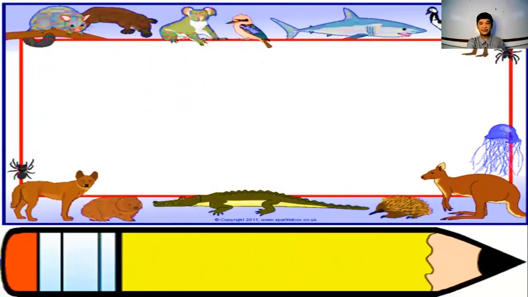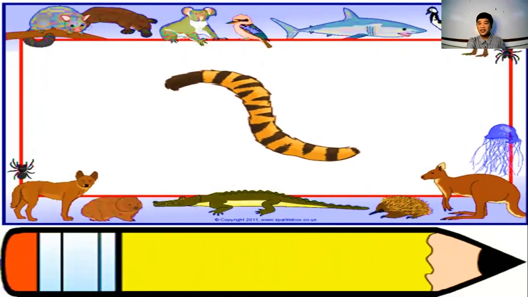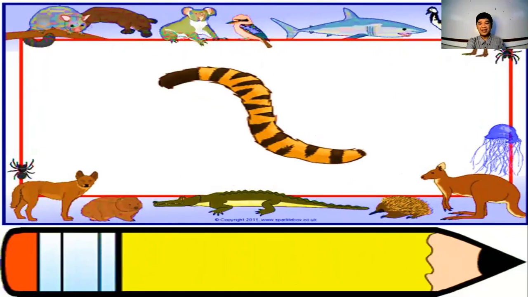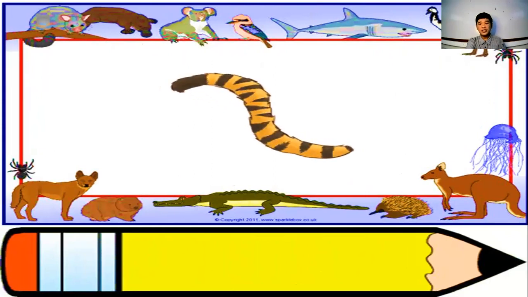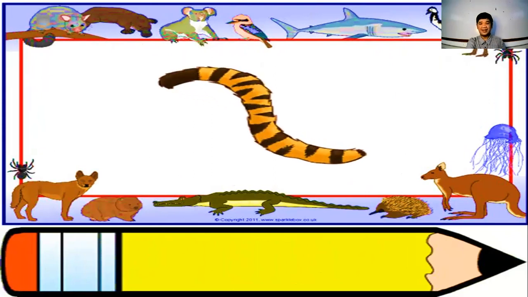Next, what do you call the body part of this animal? Again, what do you call the body part of this animal? Very good. We call it a tail.